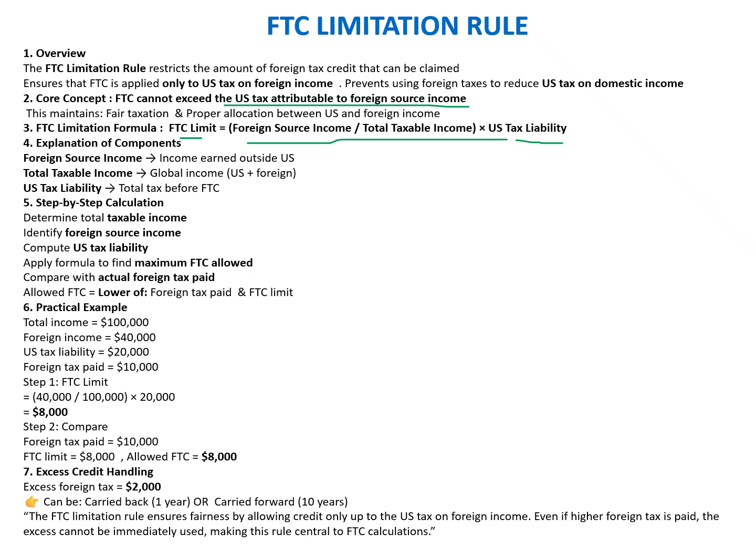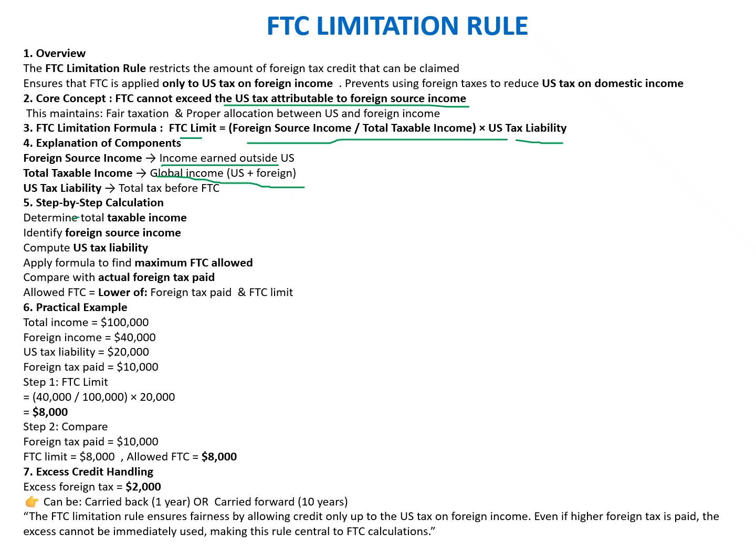Foreign source income is included in the global income for the US, and the tax liability is calculated on the global income. Foreign source income is the income earned outside the US, and total taxable income is global income, which includes US plus foreign income.